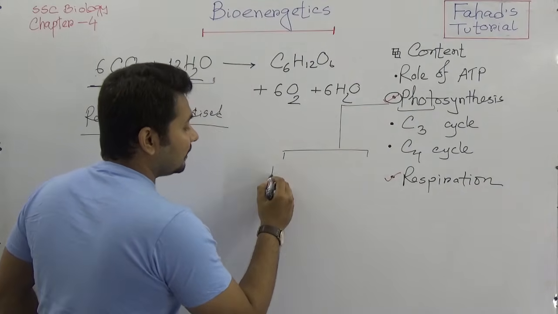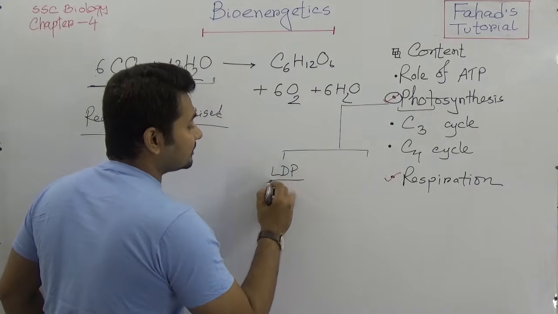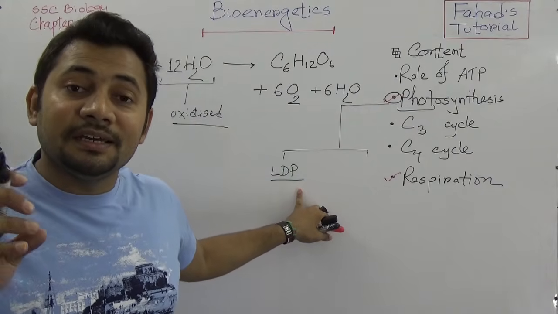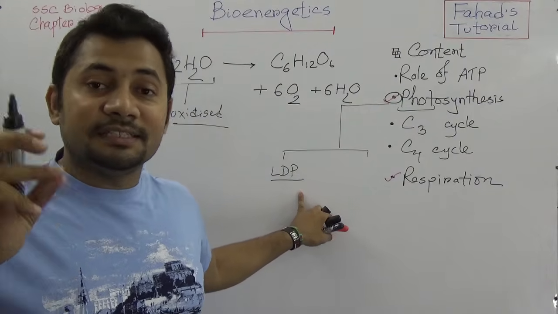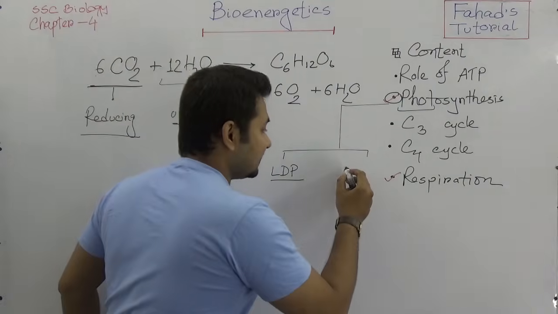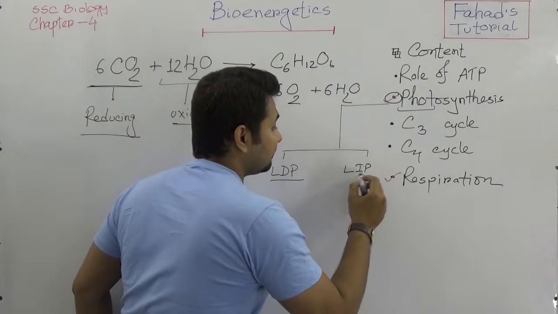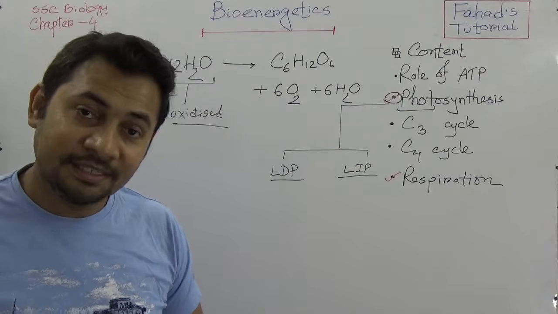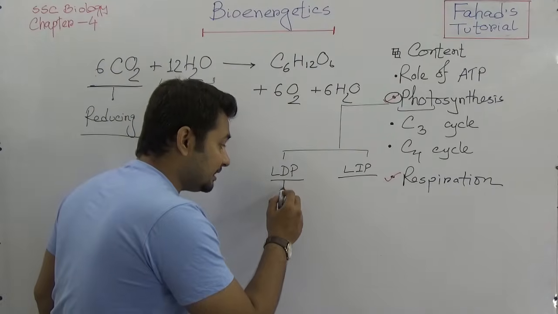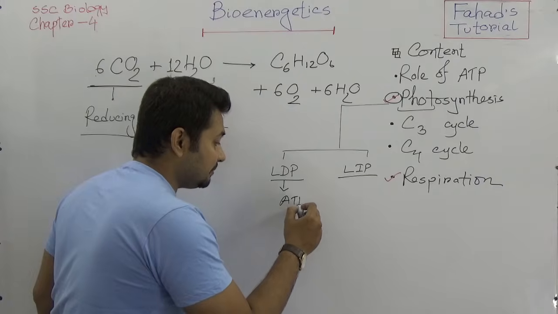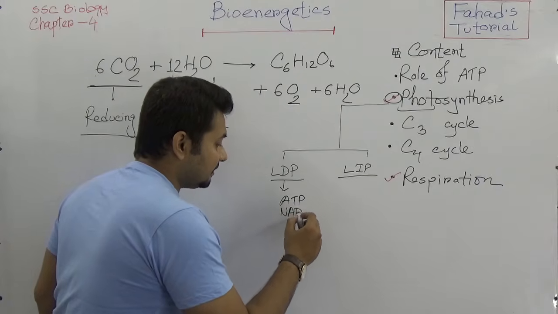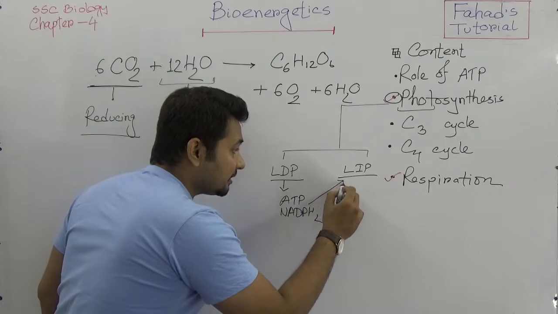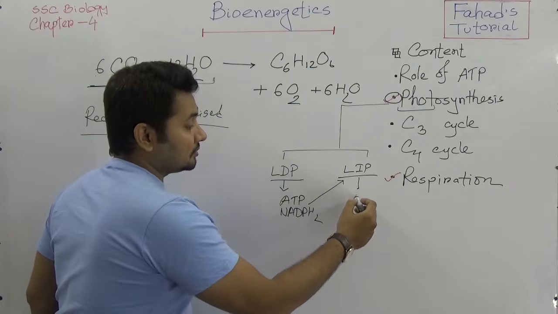Number one, light dependent phase. In this step sunlight is required, but in the light independent phase, sunlight is not required, but the ATP and NADPH2 produced in the light dependent phase will definitely work here to produce glucose.